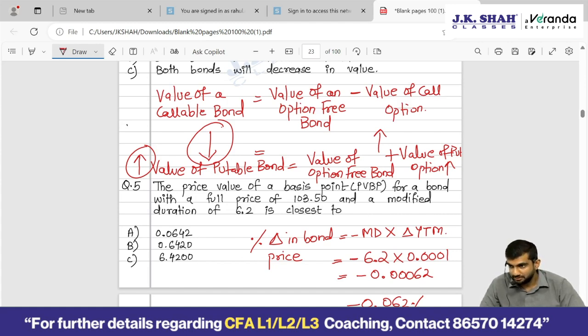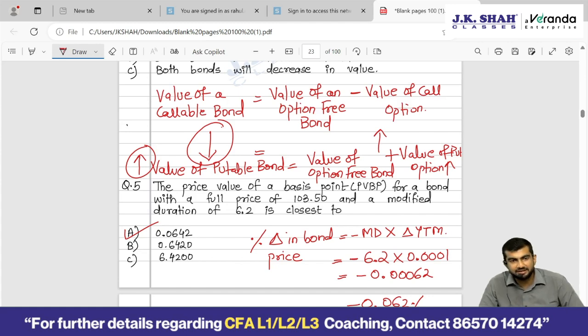How much? How come 6.417? 0.0642. Basic calculations you shouldn't go wrong. 103.5 into 0.062%. Option A.